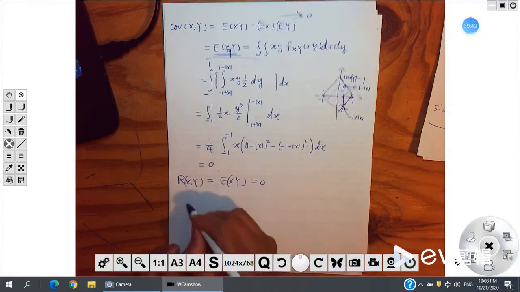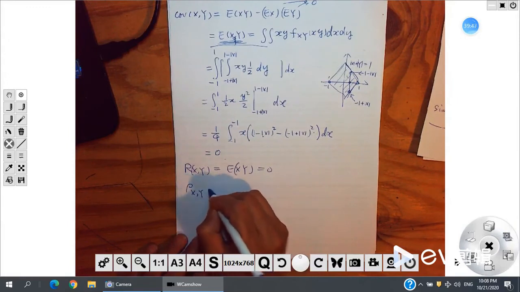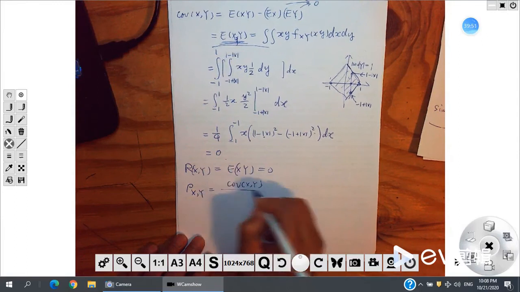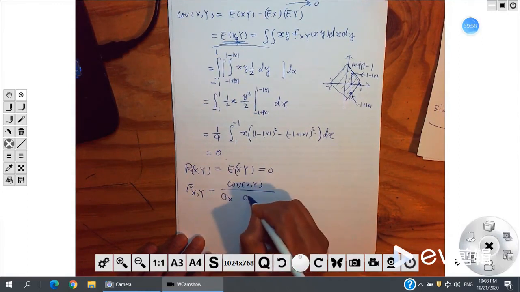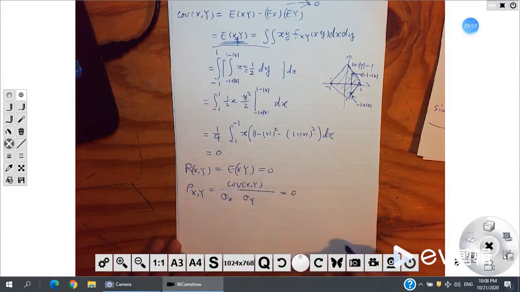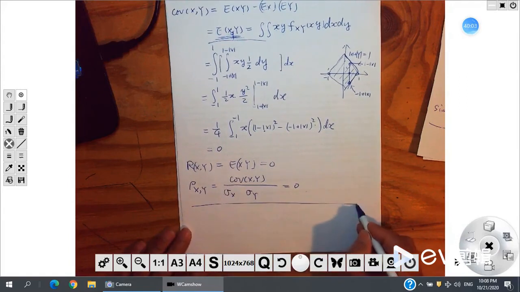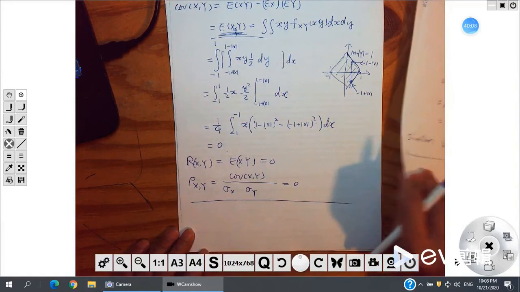And also the correlation coefficient, which is the covariance of x and y divided by the standard deviation of x and the standard deviation of y, is also 0. Okay, so now we finish the third part, right?